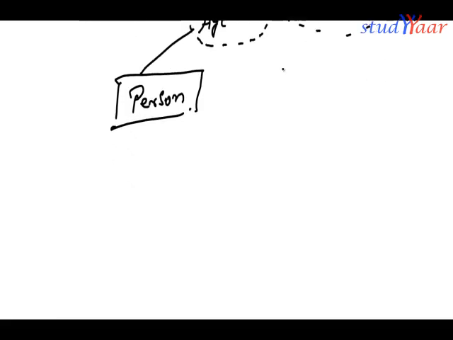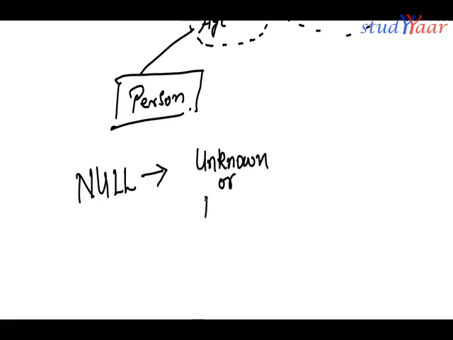Now let's take a look at the special value that every attribute can have. We call this special value a null value. Okay, a null value indicates that either the value of that attribute is unknown, or it is missing, or it is just not applicable.